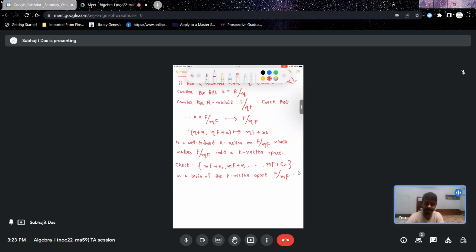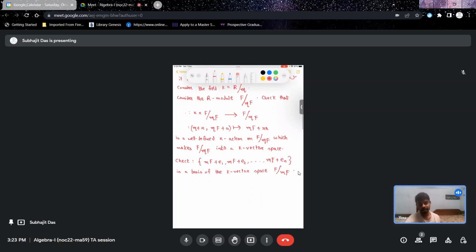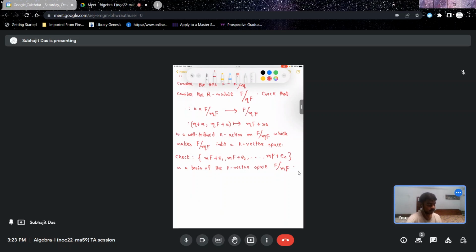And you assume this is 0, which would mean that r_1 e_1 plus r_2 e_2 plus dot dot dot plus r_n e_n is in MF. Okay, and from that you can easily conclude, based on the fact that e_1 up to e_n are linearly independent over R, that r_1, r_2, all those coefficients have to belong to M. Okay, that is what I mean by the scalars have to be 0. So this is a basis of the K vector space.